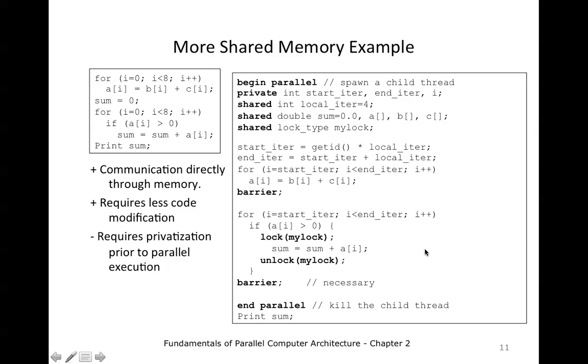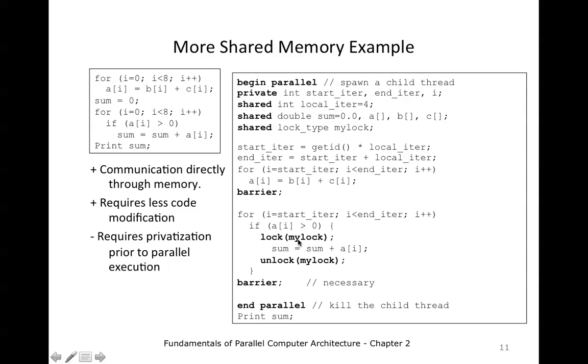And then in the next loop, we can see that we have a problem in the sense that the sum variable has to reflect the sum of all variables in an array. So everybody has to modify the same thing. However, if everybody is modifying the same thing, we can have a problem where the threads corrupt each other's modifications.